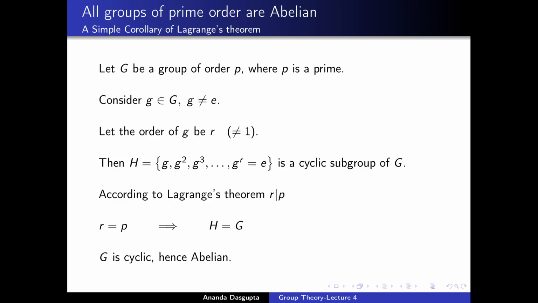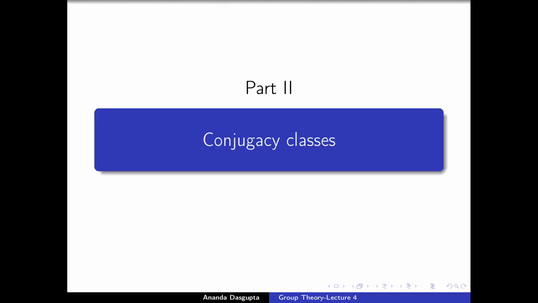As we have seen, the notion of congruency modulo a subgroup is an equivalence relation, and as a result you end up with some partitions of the group. These partitions of course are the cosets that we have been talking about so far. Now there is another very, very important equivalence relation that you can define on a group, and this is what is called conjugacy, and this also provides the group with another partition, and the partitions here are called conjugacy classes.